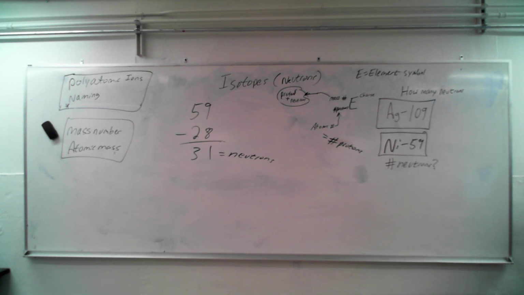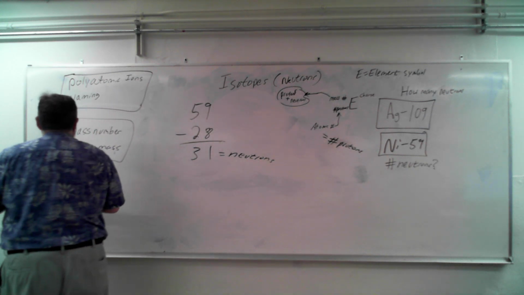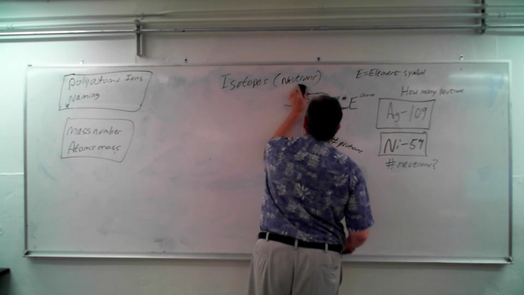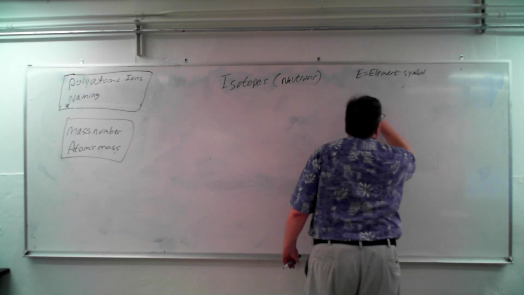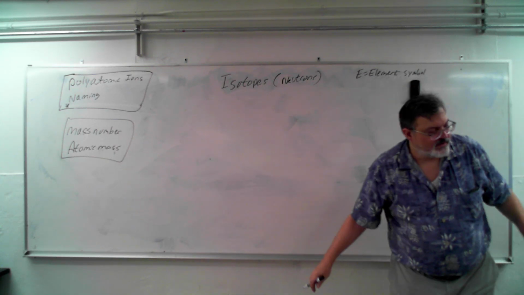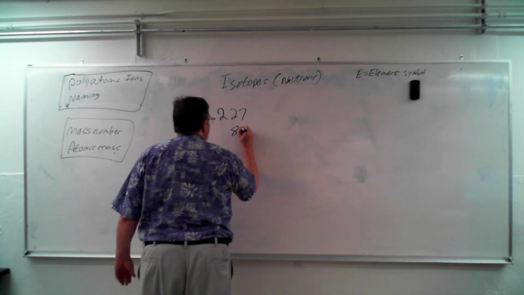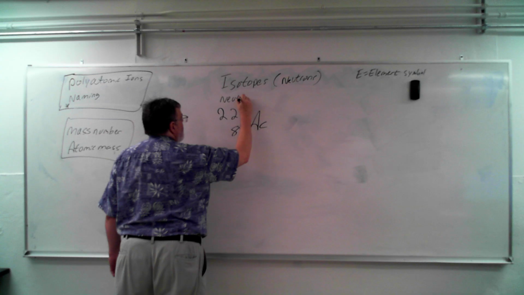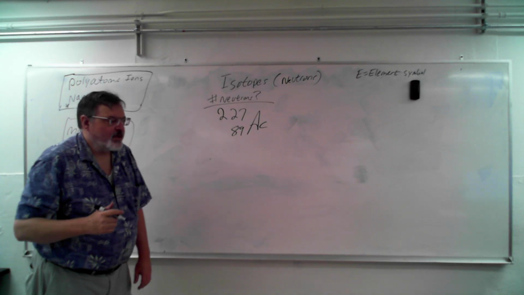So, this is number 8 under isotopes. C227. Okay, how many neutrons is that?